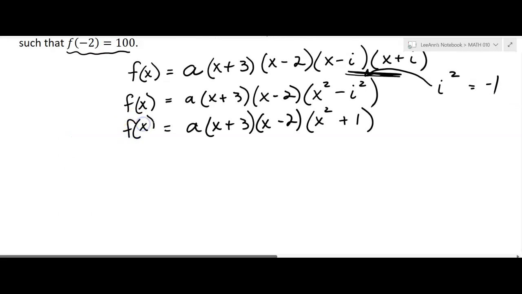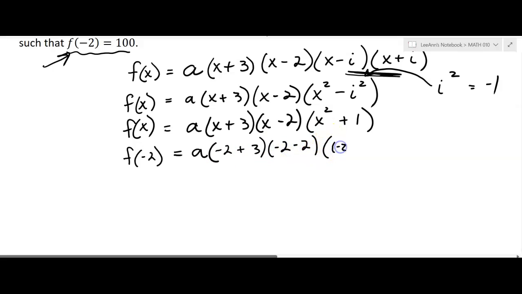I'm going to have to multiply it out eventually, but I'm going to go ahead and find what a is right now because I think it'll be easier. So f of -2 is equal to a times, now remember you're putting in -2 for x, so -2 plus 3 times -2 minus 2 times -2 squared plus 1.